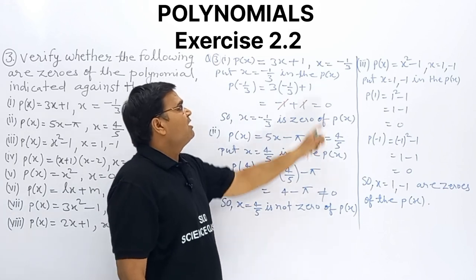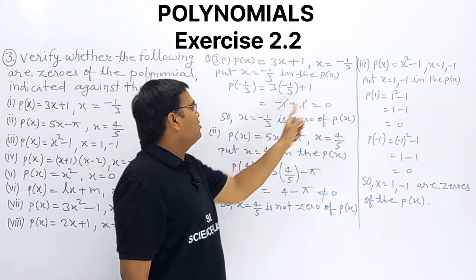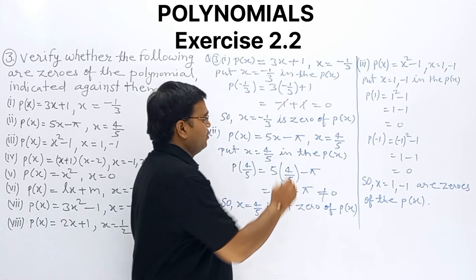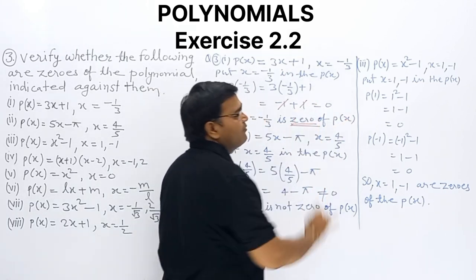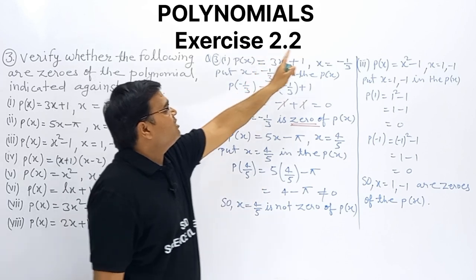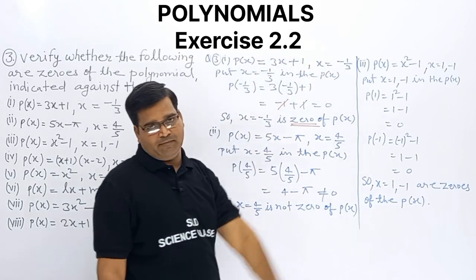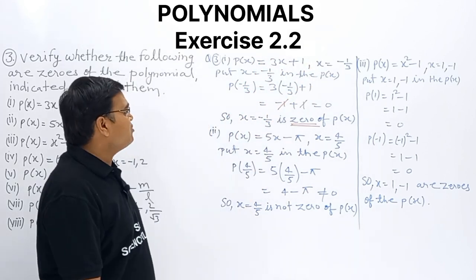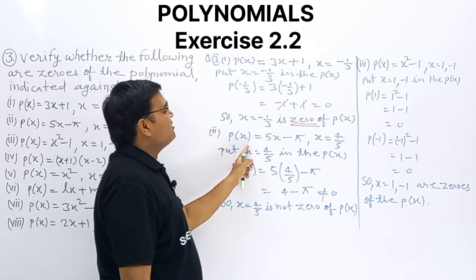It means x equal to minus 1 by 3 is a zero of the given polynomial. Its zero is this one. It is correct.